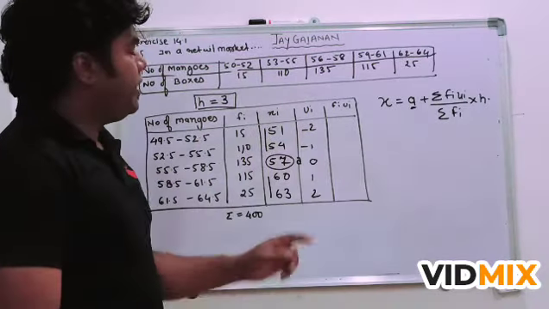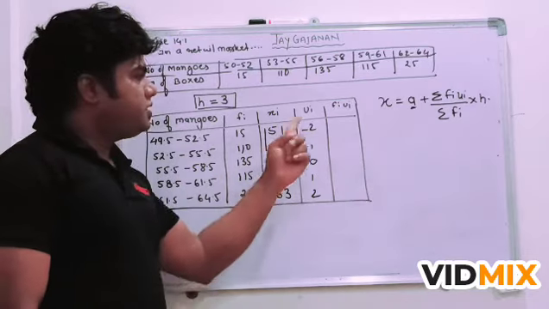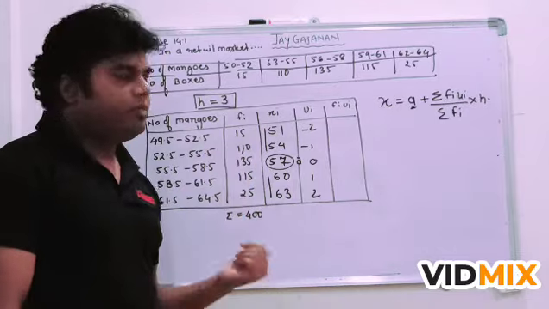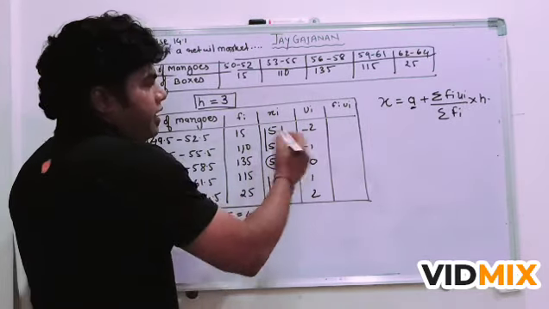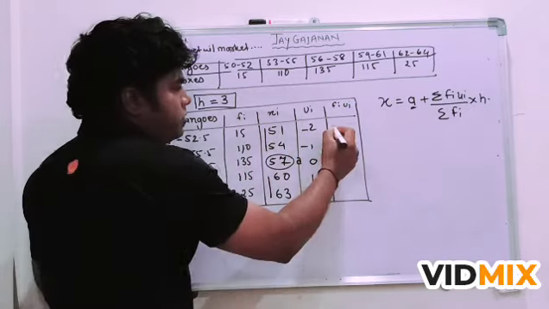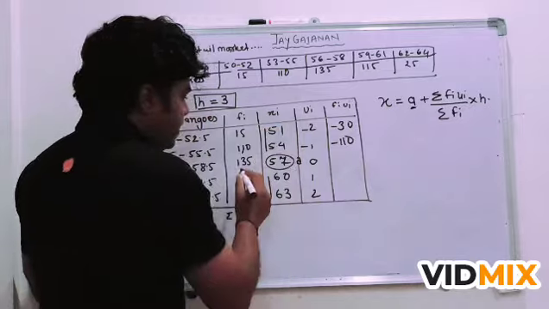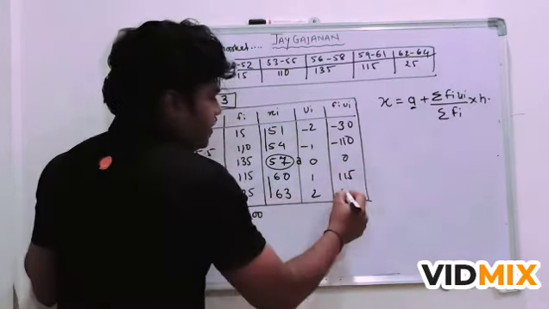As you know, to find ui there is a formula, xi minus a upon h, but here we have used the short method which I have told you in earlier videos also. Now I have ui and fi, so I multiply to get fi ui: 15 to 30, minus 110, then 0, 115, 50.